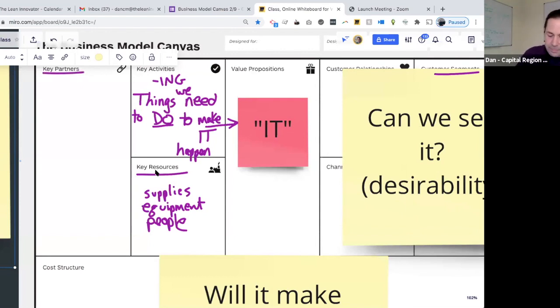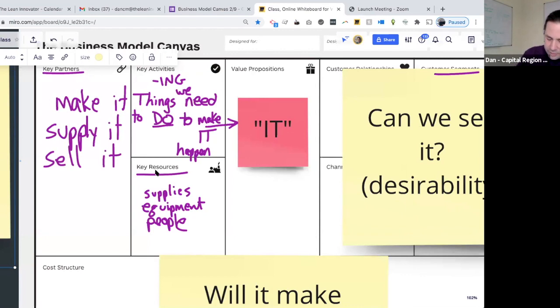Okay, so key partners are usually people that help me make it, supply it, or sell it. Okay, so basically, the way this is working over here is I'm like, okay, well, I have vendors, I have suppliers, I have people that help me with business services and all that other kind of stuff, right?